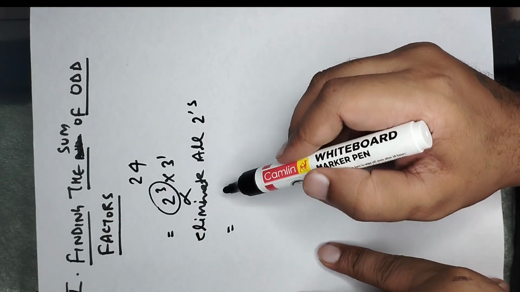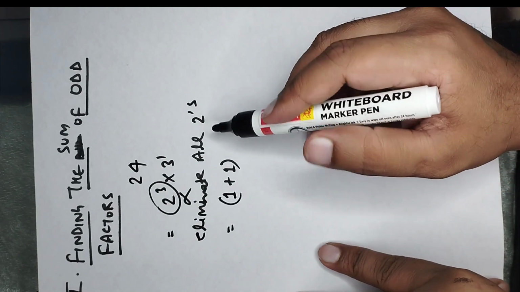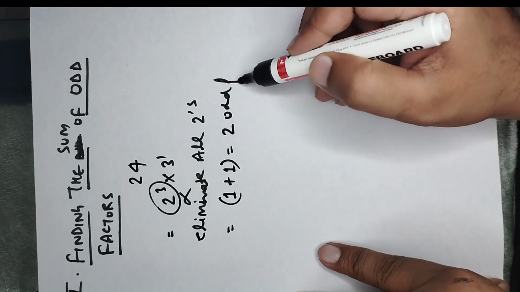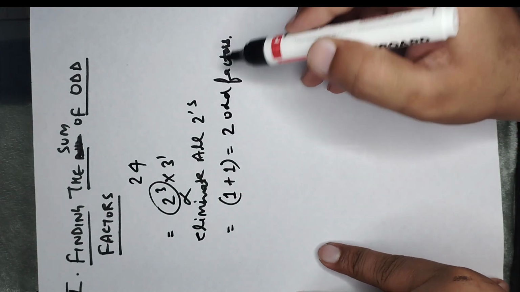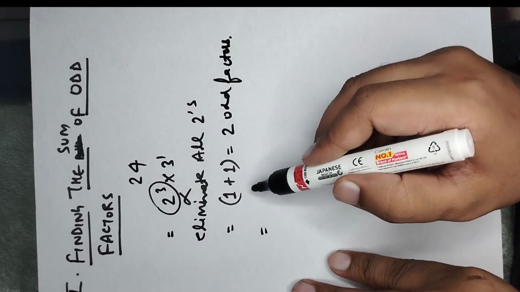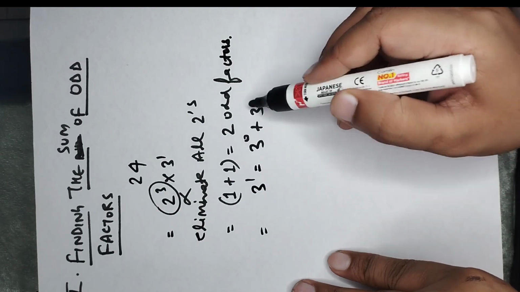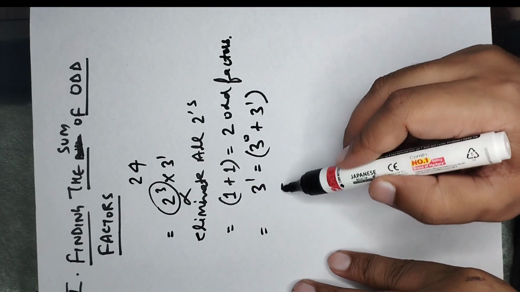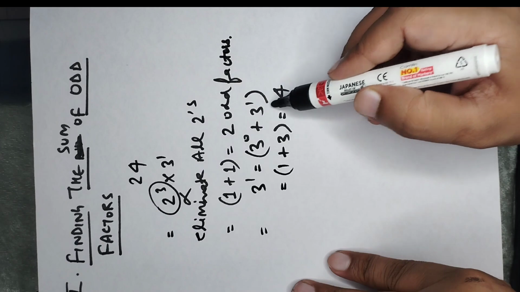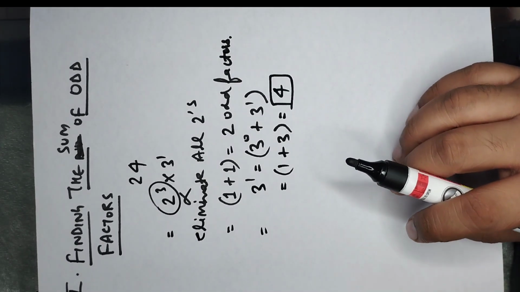Then there are 2 odd factors, but as we have to find the sum of those 2 odd factors, I can write this 3 raised to the power 1 as 3 raised to the power 0 plus 3 raised to the power 1. So this can be written as 1 plus 3, which is equal to 4. So the sum of all odd factors of 24 will be equal to 4.